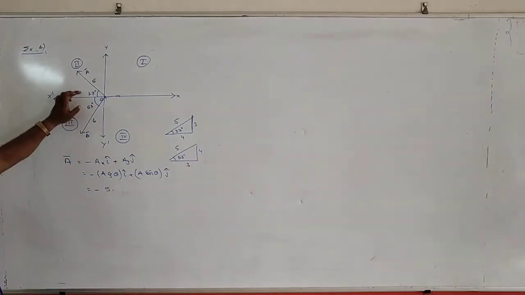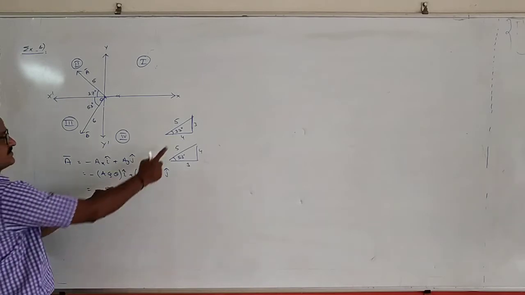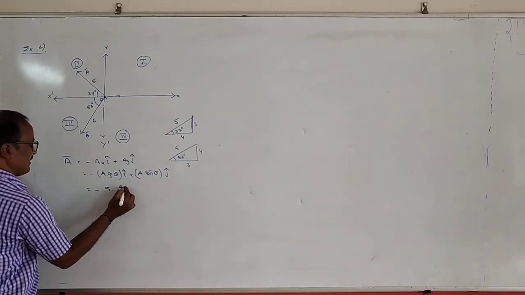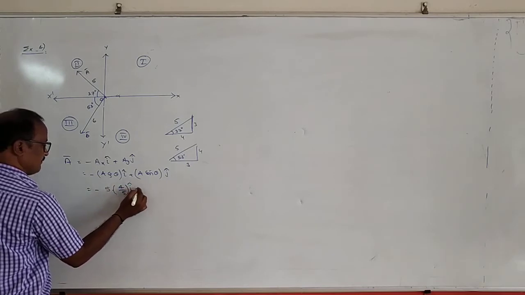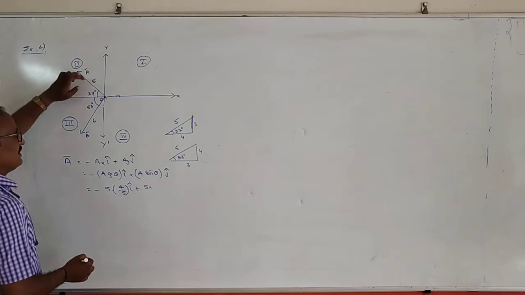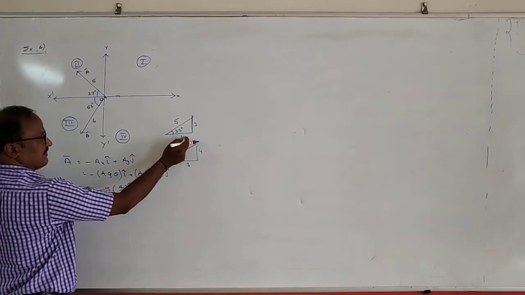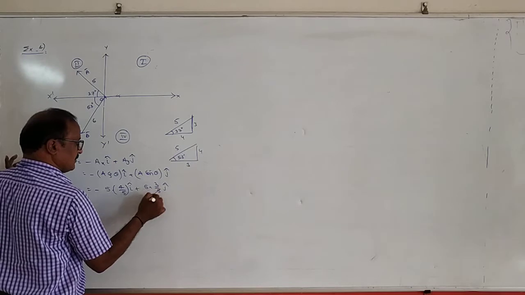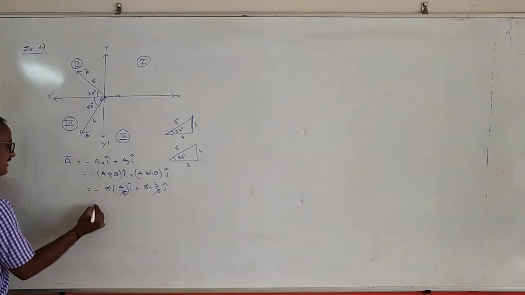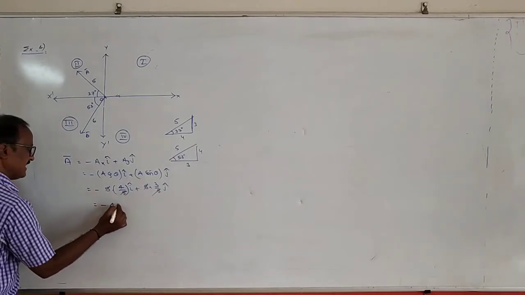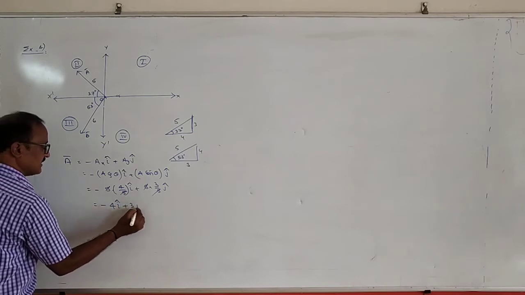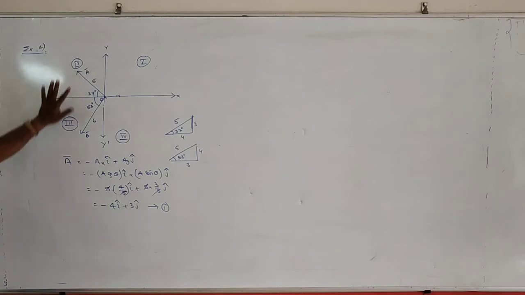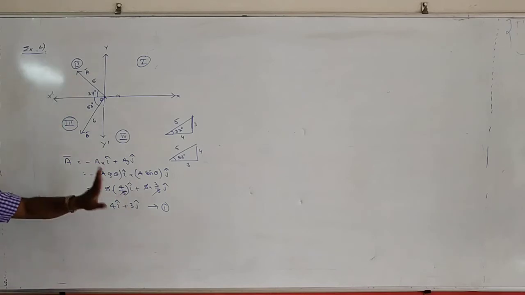Cos 37 is adjacent side by hypotenuse, that is 4 by 5 into i cap, plus magnitude 5 into sin theta, and sin theta is equal to 3 by 5 into j. Here 5 cancels, here also 5 cancels. That is minus 4 i cap plus 3 j. This is the vector. A bar is equal to minus 4 i cap plus 3 j.